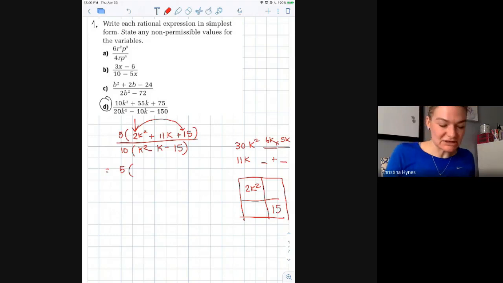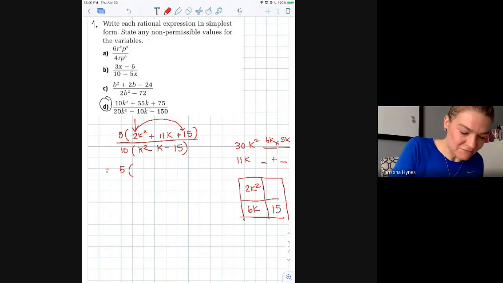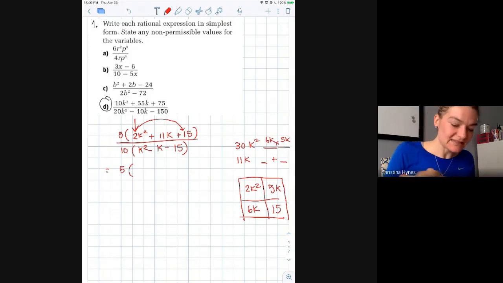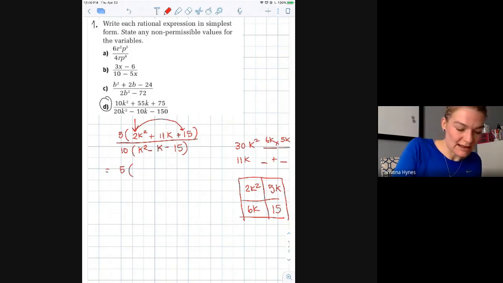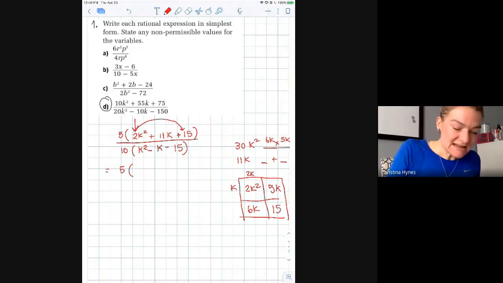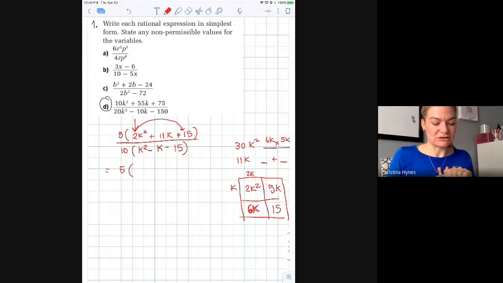The two values I just found, 6k and 5k, go in the remaining boxes in any order. Then you want to factor out. What two values give me 2k squared? Well, I know that 2k and k multiply to 2k squared. The reason I had to put 2k there is because I need to be able to get a 6k with that number, so that's going to help me.